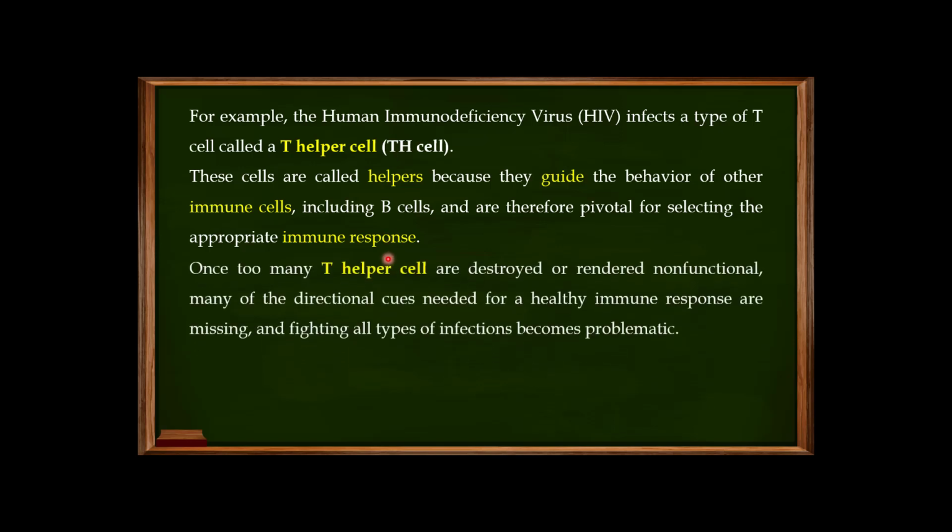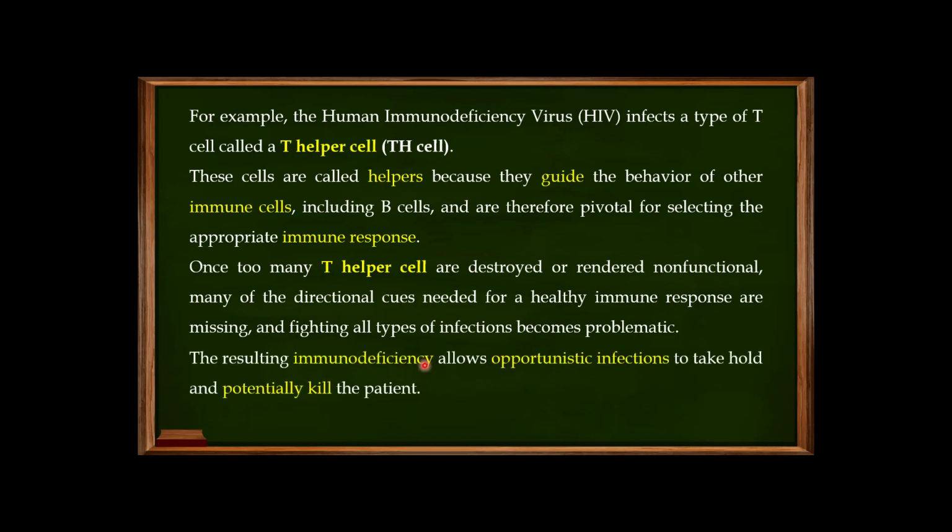So if too many of these helper cells are destroyed or rendered non-functional, many of the directional cues needed for an appropriate immune response are going to be missing, and fighting all types of infection becomes problematic, because you are going to be missing an important component of the immunity.